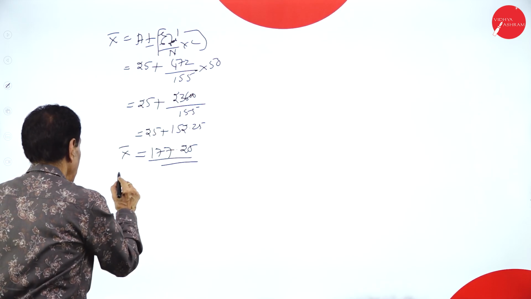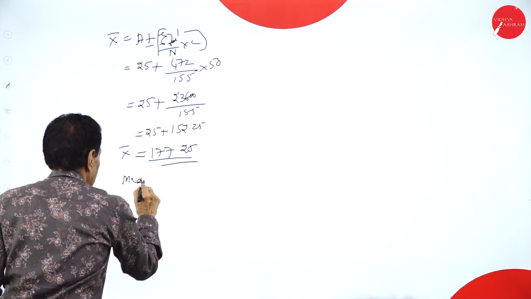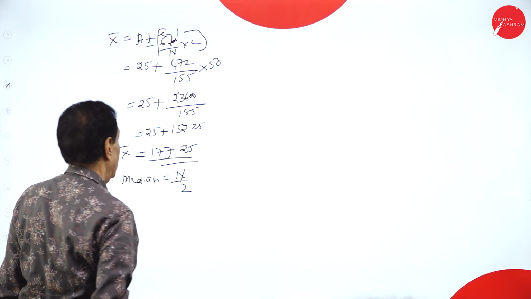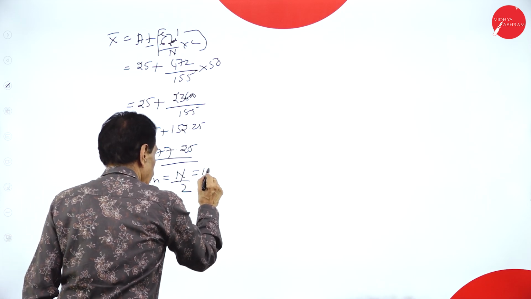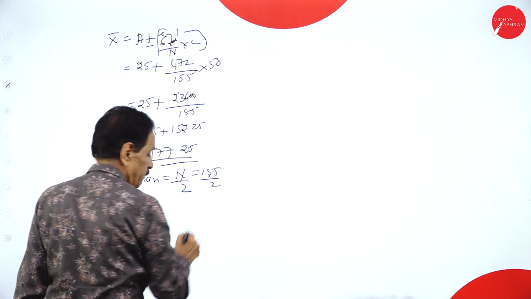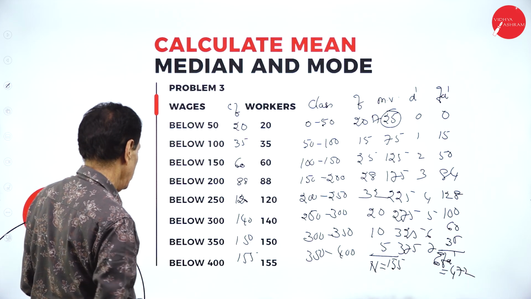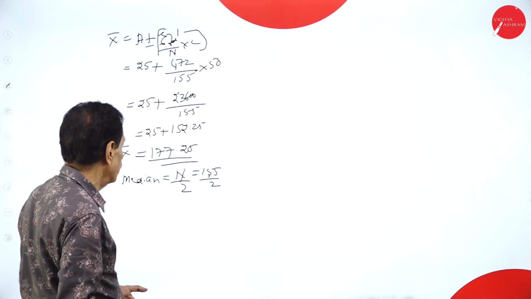Median is equal to n by 2. What's your n? 155 by 2. See that? Your median is 155 by 2.